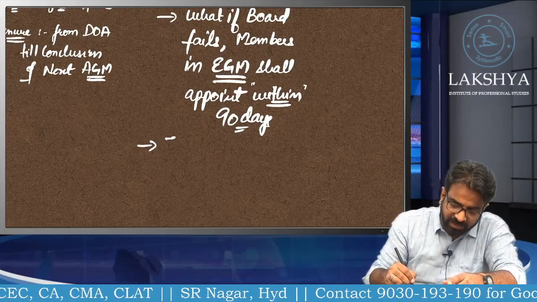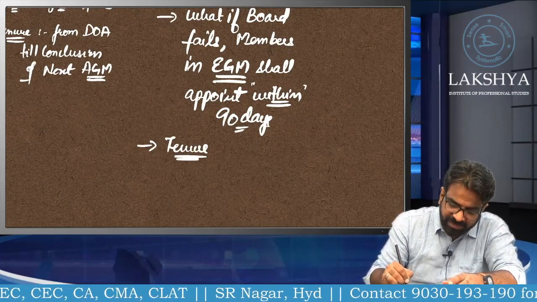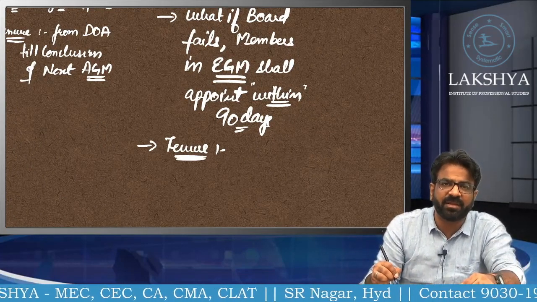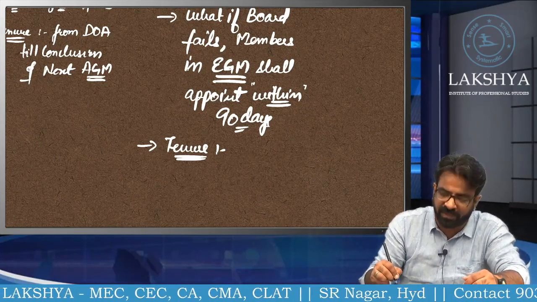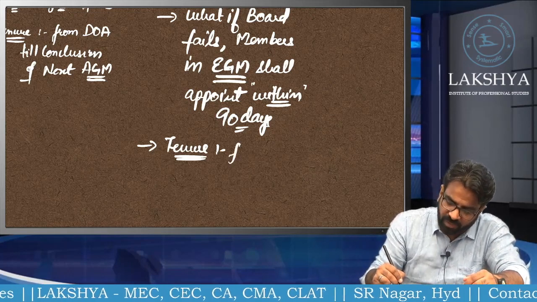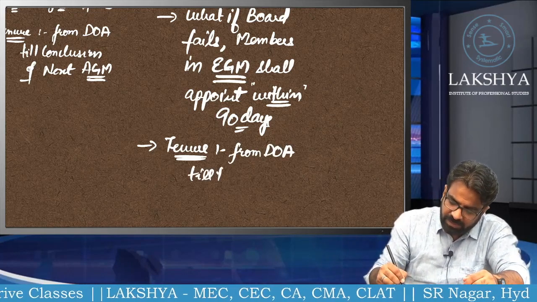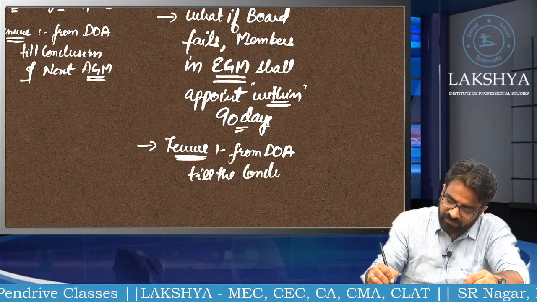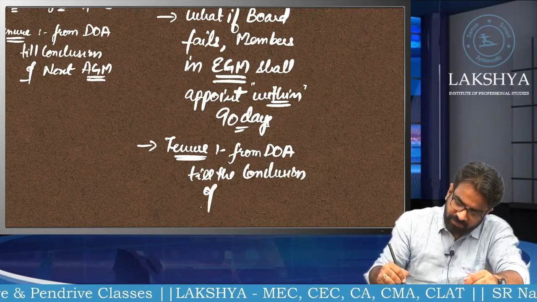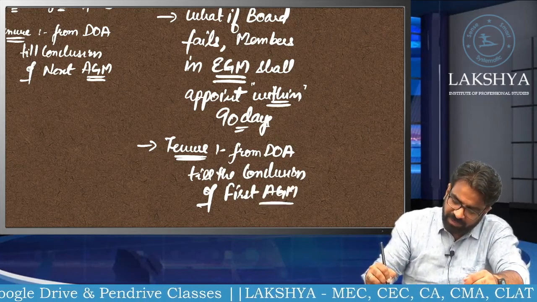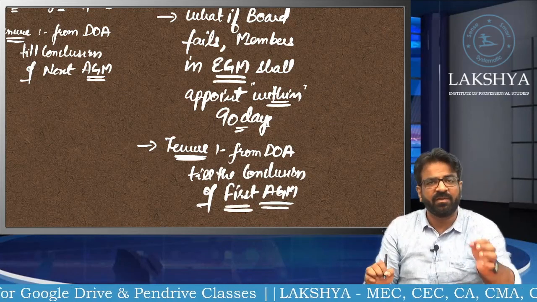What will be his tenure? Same tenure as the first auditor of which company? Government company. What was the tenure of the government company's first auditor? From the date of appointment till the conclusion of first AGM.